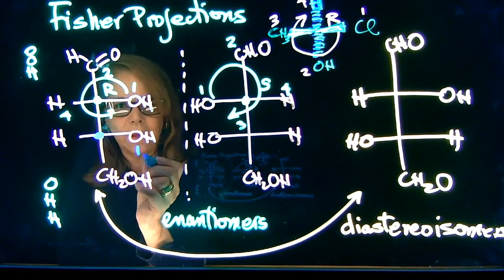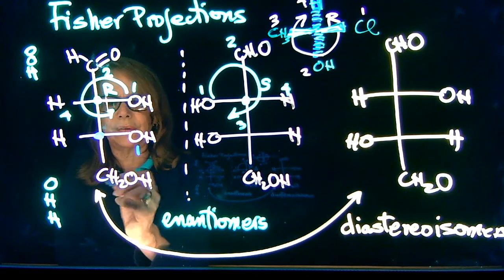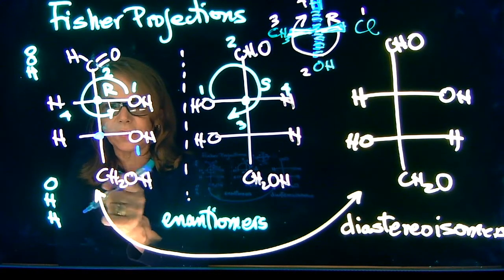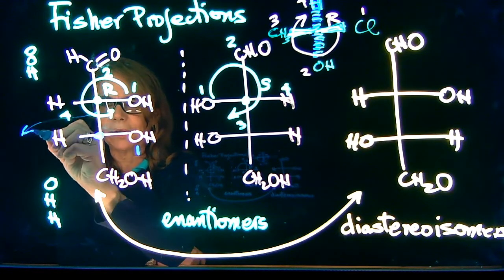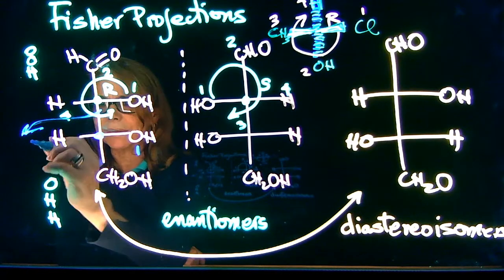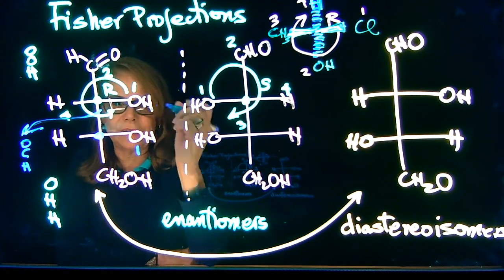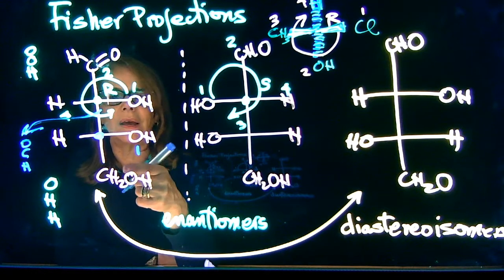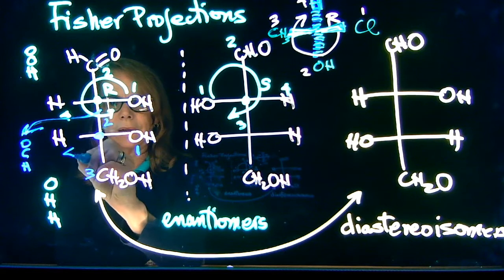So again, priority 1 is this. In priority 2, notice this is oxygen, hydrogen, hydrogen. The carbon here at the other chain, let's do that, that's going to be oxygen, carbon, hydrogen. So this chain has higher priority.